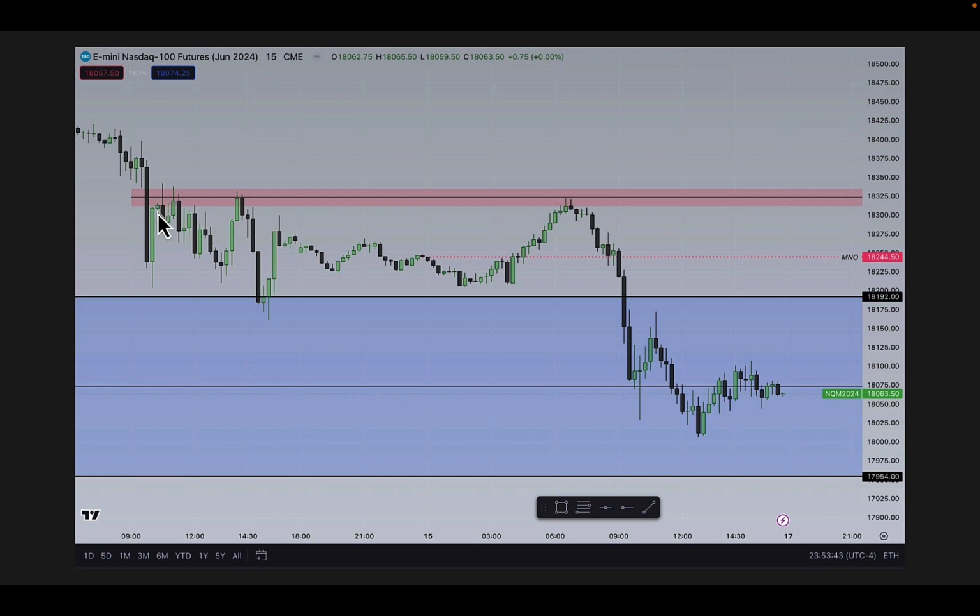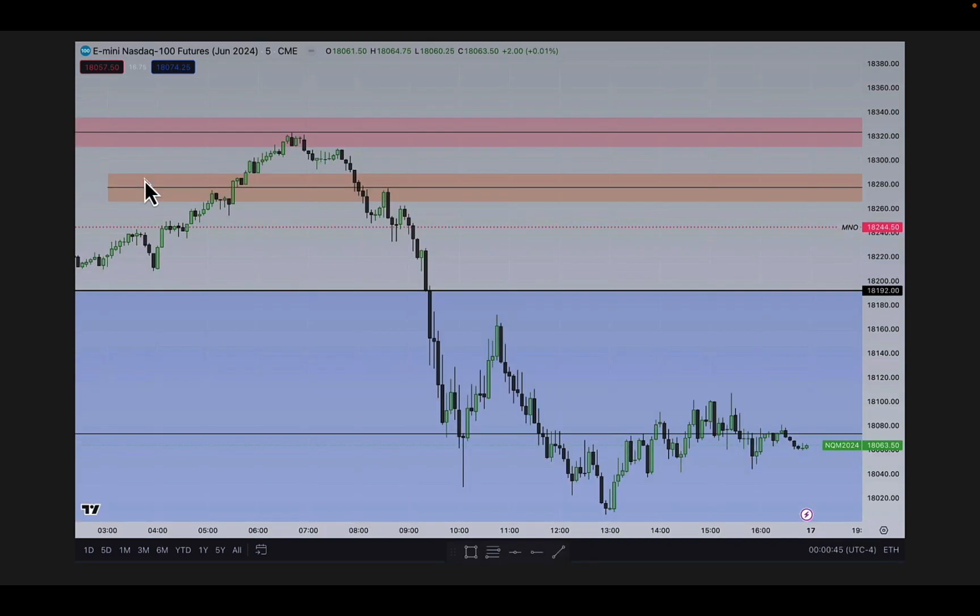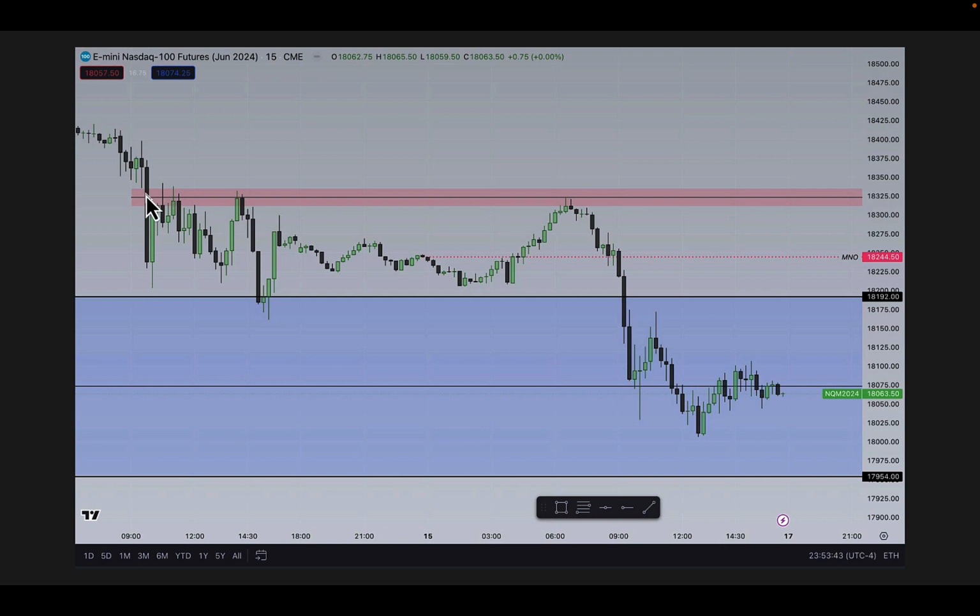We have here again this level here. Sorry about that. So we have this level here. We have another fair value gap on the 15-minute chart, and then also I've added the midnight open. Okay, so the midnight open for using New York Standard Time, that is going to be your barometer for the power of 3.